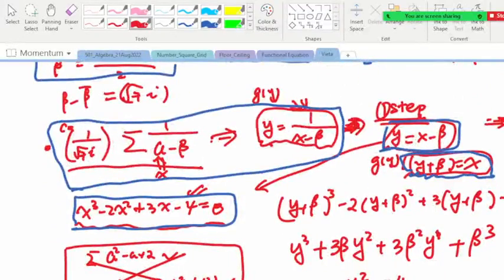Okay. So now it's minus 4 beta of the y, right? Plus 2 of the beta square, right? Then this is the 3 of the y plus the 3 beta minus 4.